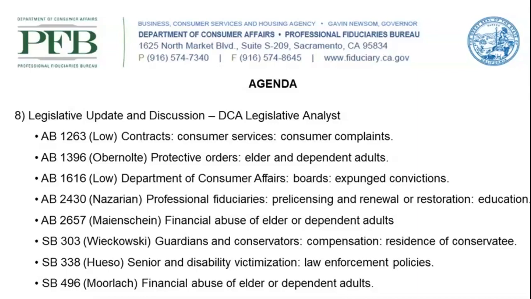Yes, thank you. This is Chi Elder. I've got a question about AB 2657. You said that that was no longer moving forward. I'm just curious as to why that is no longer moving forward. That was, I think, to share relevant information between law enforcement and the Bureau.